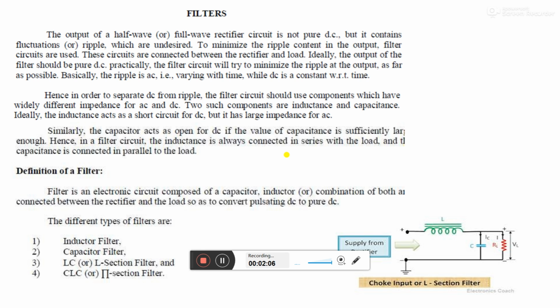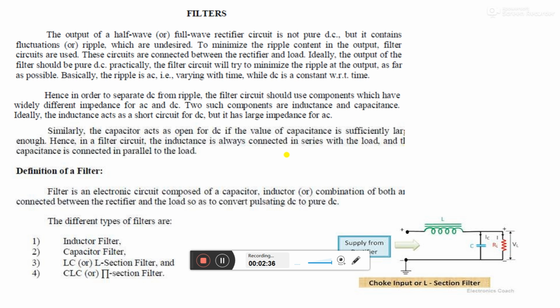Filters, roughly the idea, filter out the unwanted. Basically, ripple is AC, which varies with time, while DC is constant with respect to time. Hence, in order to separate the unwanted AC ripple from the wanted pure DC, the filter circuit should be introduced after the rectifier.